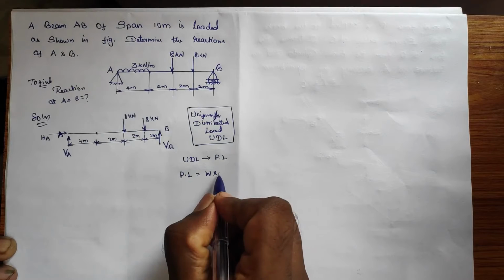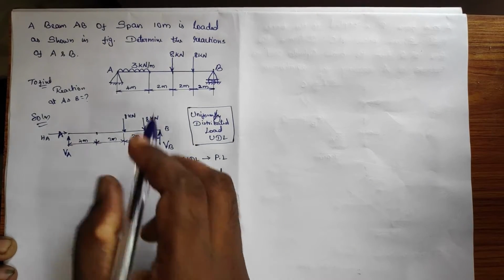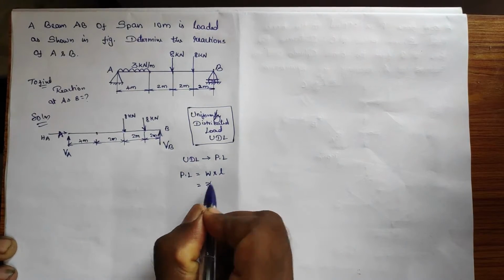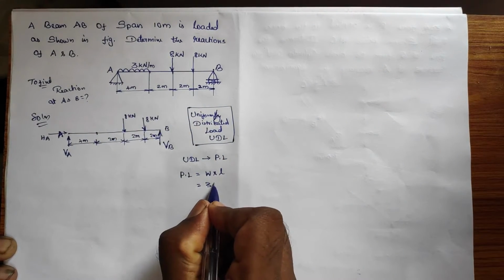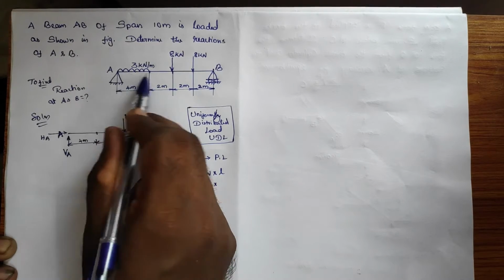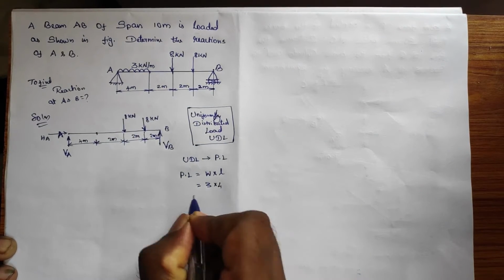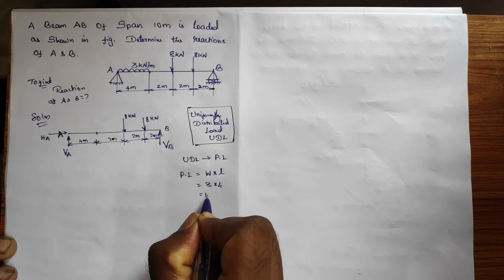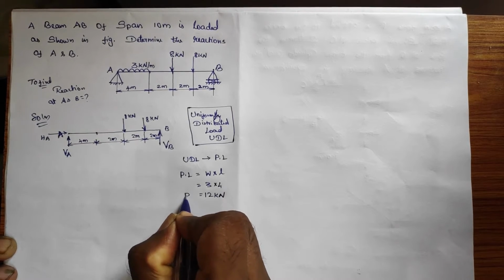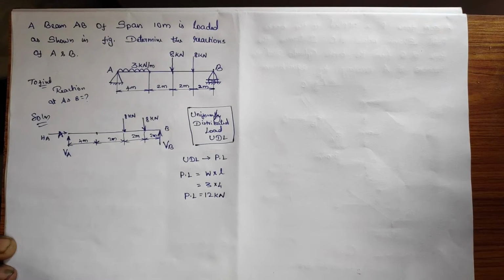How long it is spread. Here the intensity of the load is given as 3 kilonewton per meter. So 3 into L, the length of the UDL, how long it is spread. So it is 4. How much do we get? We get 12 kilonewton. Okay, now it is the point load.